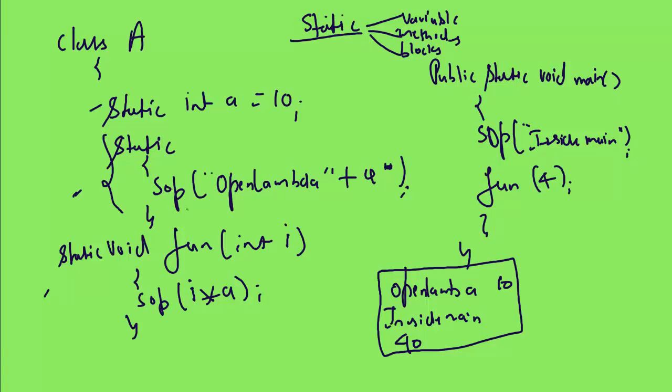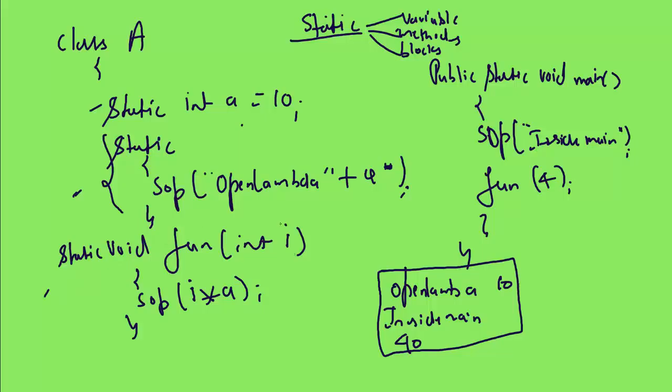But even before the static block executes, the static variable comes into life, and the static method is also available inside the memory.